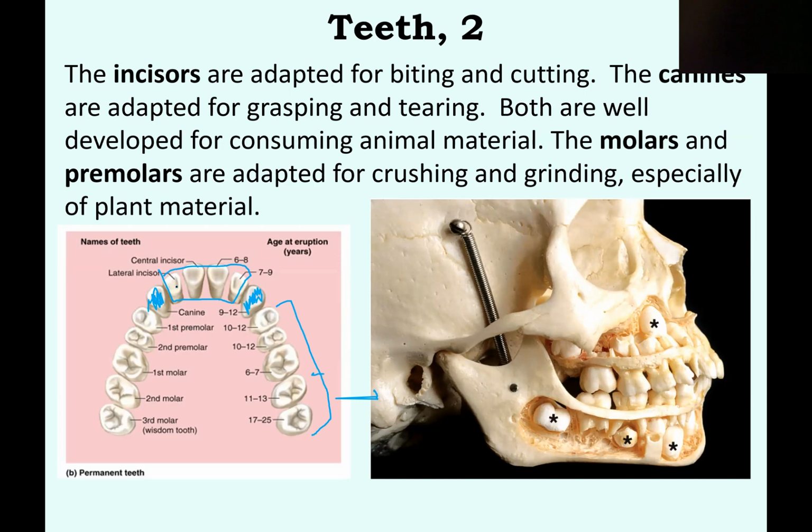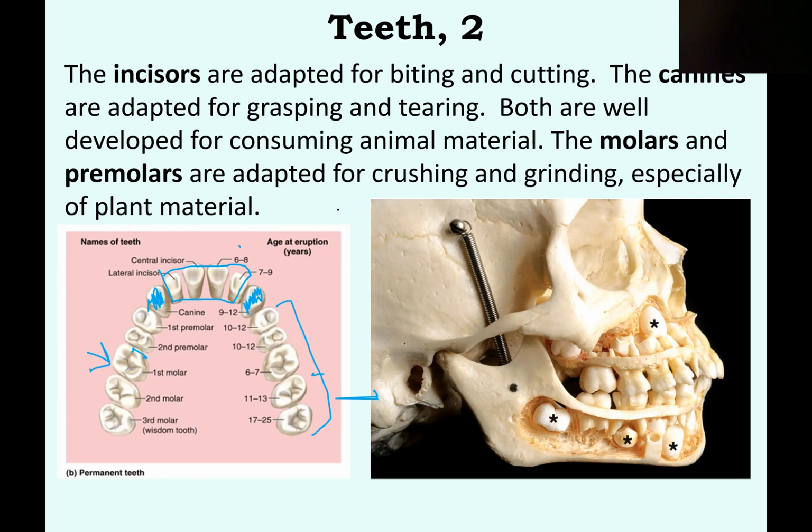Cats, felines have the most carnivorous diet, and so even their molars and premolars are going to be sharp and angular. Herbivores, those that consume just plant material, they're going to have more well-developed molars and premolars.